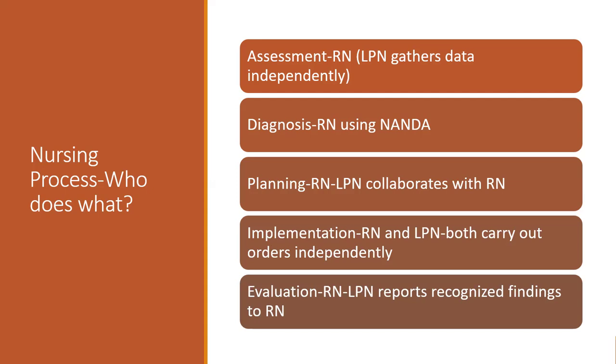And then the objective data is that information that we gain, and that does include when we are assessing their level of consciousness and their orientation. So we're asking the client, can you tell me who you are, where you are, the date, your purpose for being here. From those assessment findings, we decide, okay, this person's oriented times one, two, or whatever it is, and that is objective data.